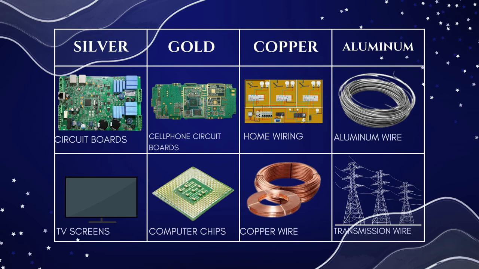And gold has lower resistance but is very expensive. It is used in cell phone circuit boards and computer chips. And lastly, aluminum. This conductor is usually used in long-distance wiring but is about 40% less conductive than copper.